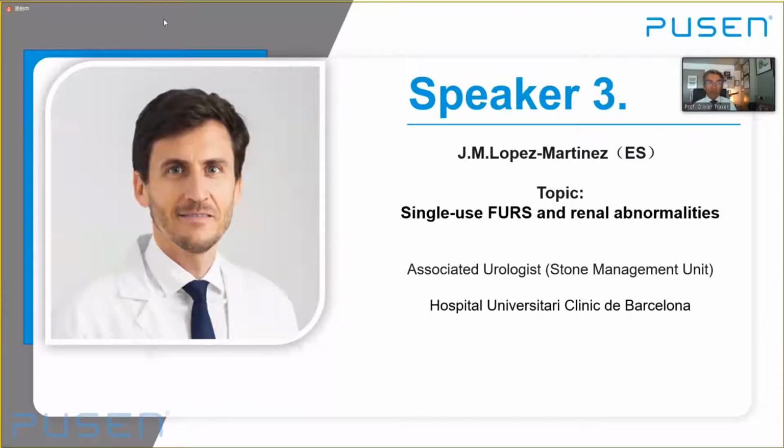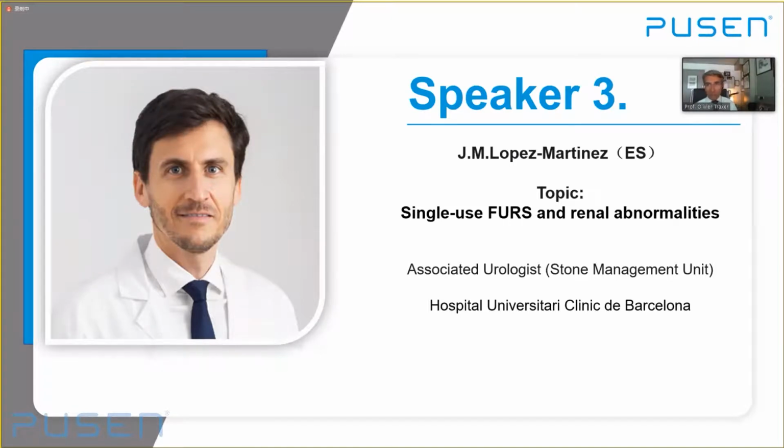I think the most important recommendation we have to give to the colleagues is to look at the resistance of these single-use endoscopes, because the problem is that when people are using single-use, they feel that this is single-use, so they don't care so much when they are forcing scopes into the collecting system.